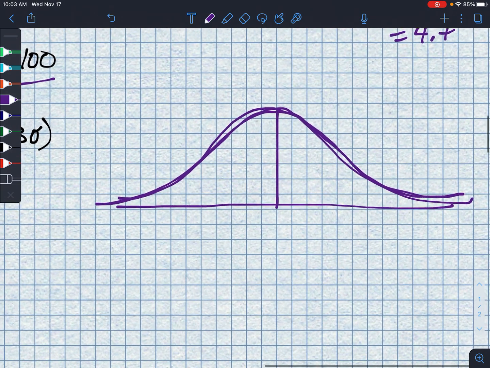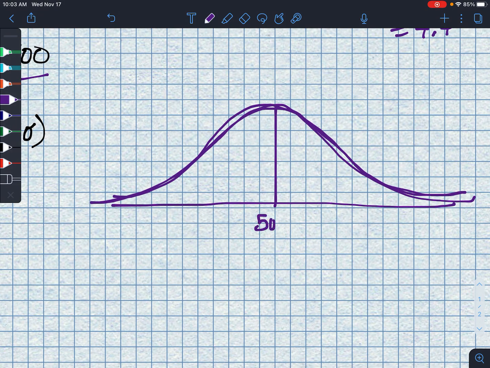In the middle, again, would be the mean, in this case 500. The standard deviation is 100, so to the left and right of that then, if I look at 1 standard deviation away, that would be 600 and then 400. Again, if I go a second standard deviation away from that, that would give me the 700 cutoff and the 300 cutoff.